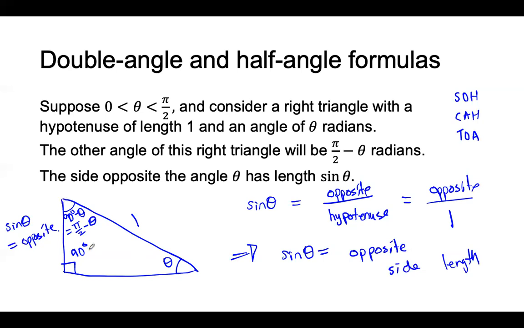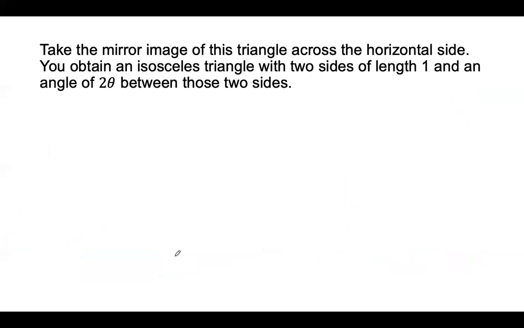Now we're going to look at formulas like the double angle and half angle formulas. The next step from this would be what happens when this angle theta becomes 2 theta. We double the angle. So we're going to essentially take the mirror image of this triangle that we just drew across the horizontal side.